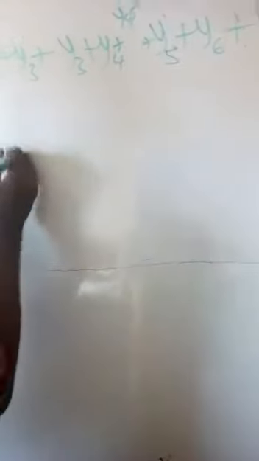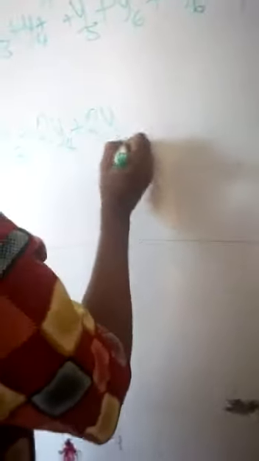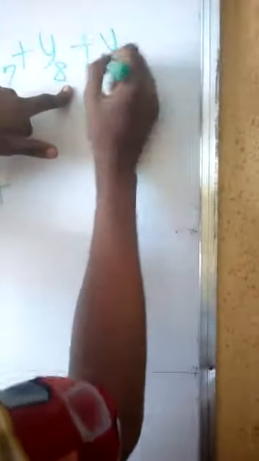So this will be half of h times y1 plus 2y2, plus 2y3, plus 2y4, plus 2y5, plus 2y6, plus 2y7, and the last trapezium gives 2y8 plus y9.